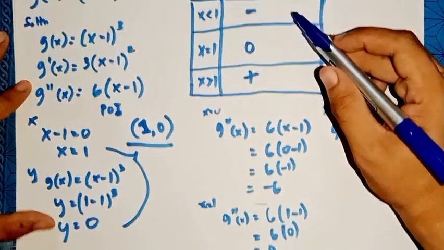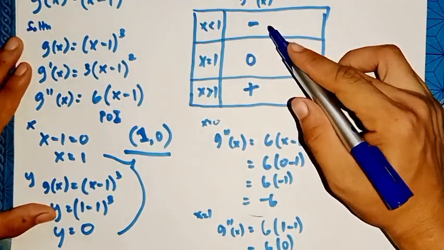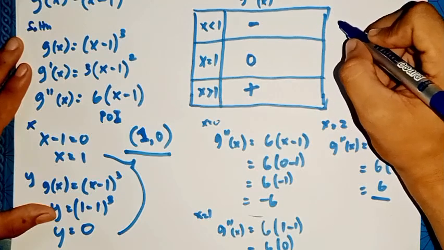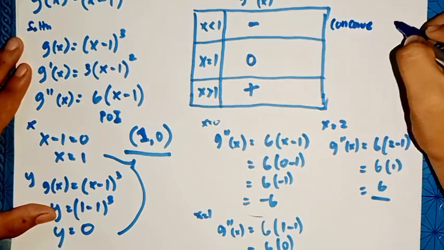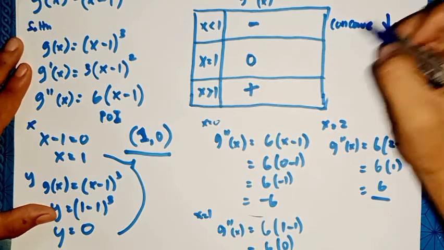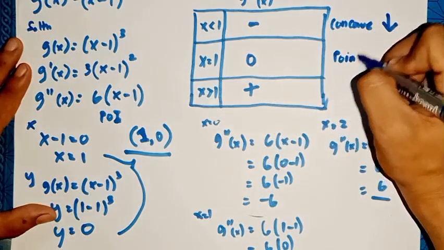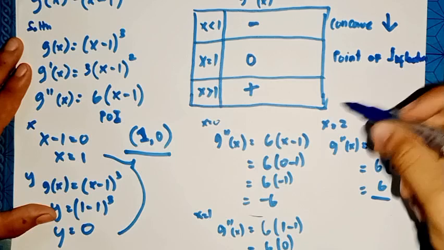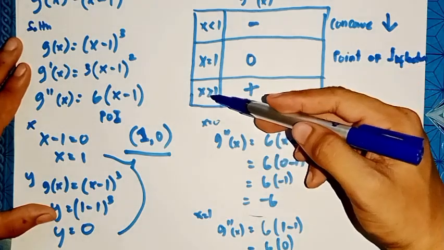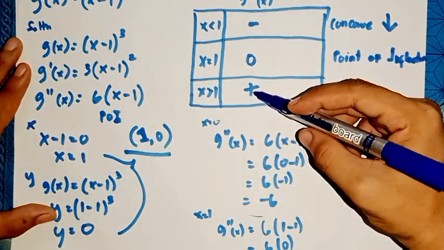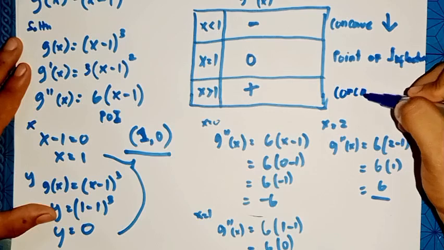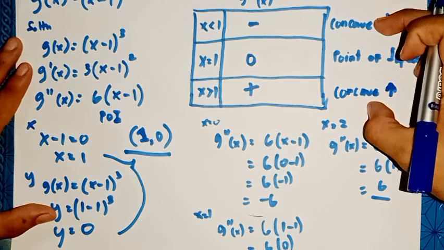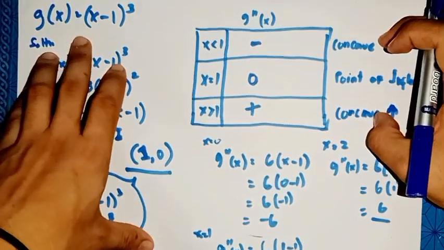Since it is negative, its concavity is concave downward. Since it is our point of inflection, and for x greater than 1 it is positive, it is concave upward. That is how to determine the concavity of this function.